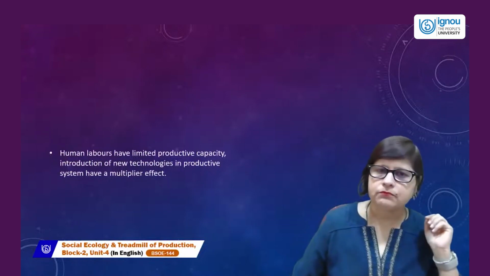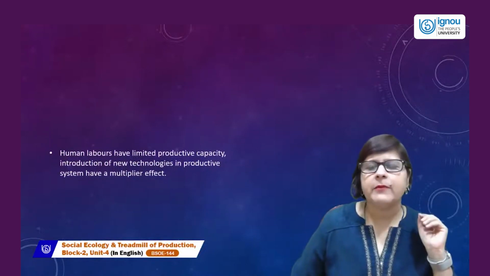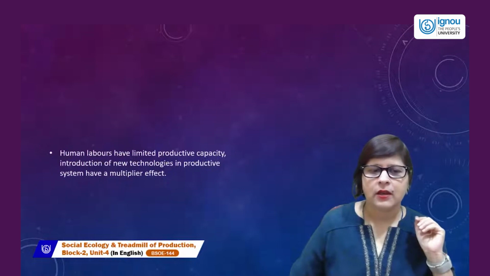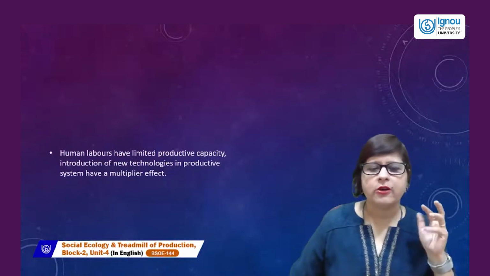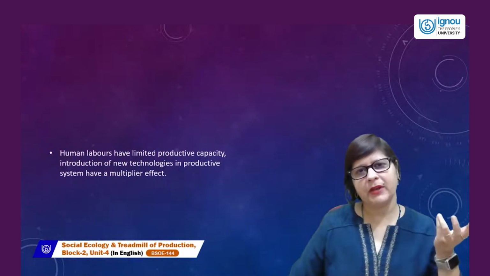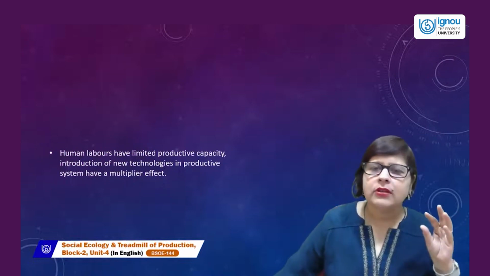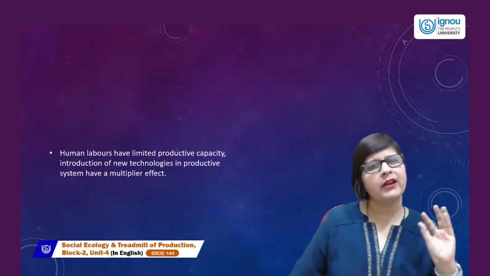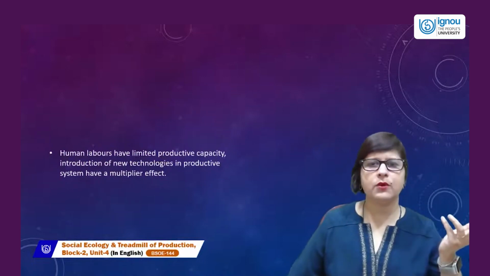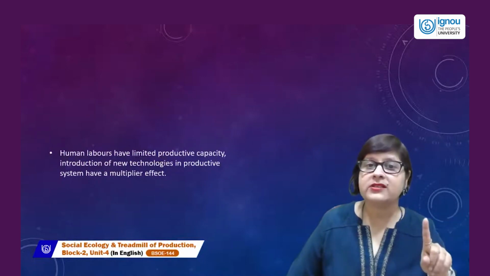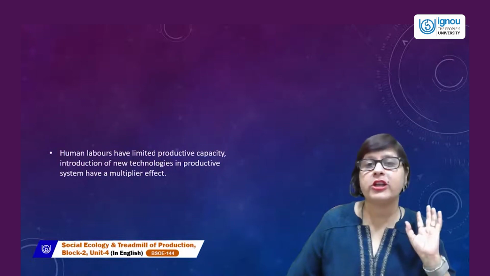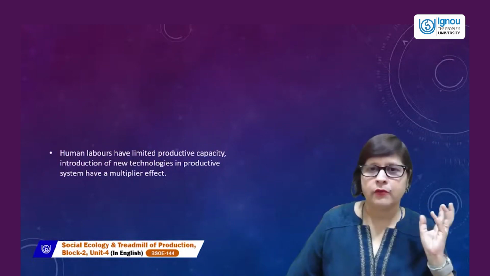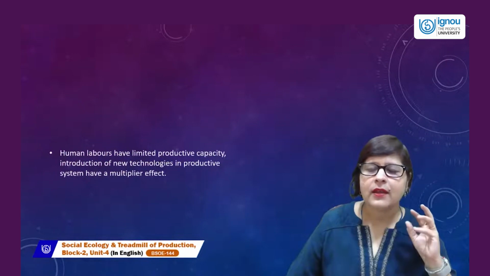and this impacted the ecology again. Human labor has a limited productive capacity, and the introduction of new technology in the productive system has multiple effects. See, this new technological development has impacted our ecology, which I explained earlier. It has also impacted the employment opportunities of workers. How has it impacted the employment opportunities of the worker?